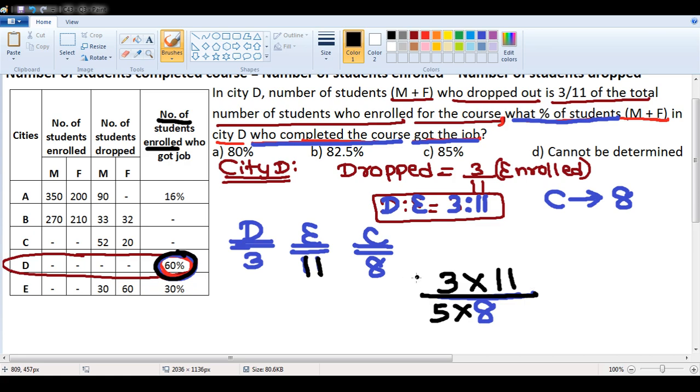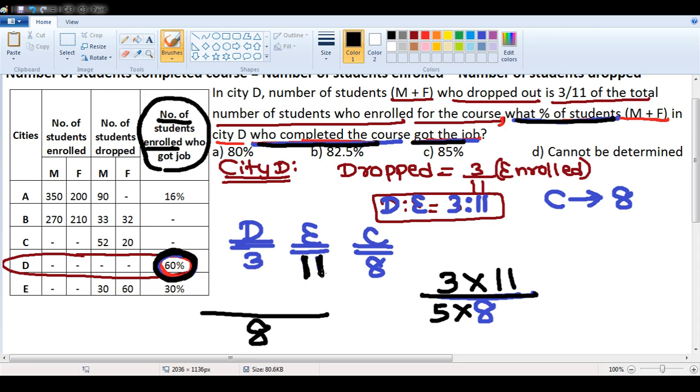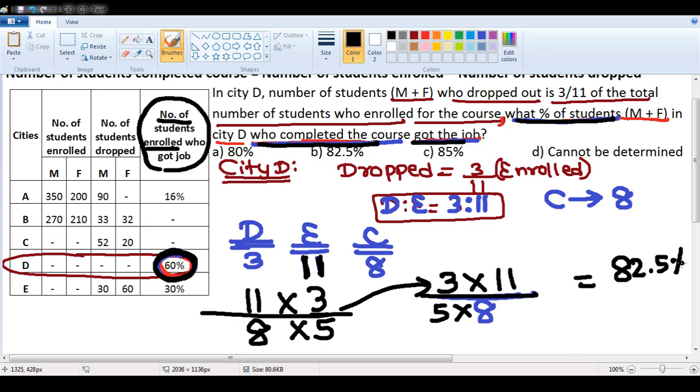Again, repeating the last part: out of total 8 people who completed, how many got the job? The 60 percentage is the enrolling part. Out of these 11 enrolled students, 60 percentage got the job, and 60 percentage is 3 by 5. That is what I wrote here also. The percentage will give you 82.5 percentage.